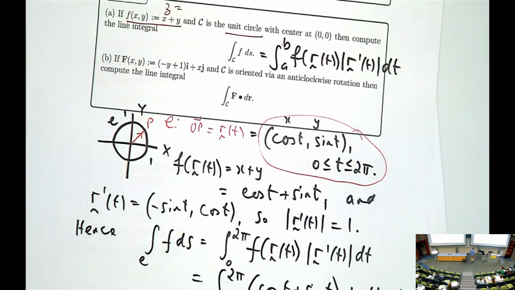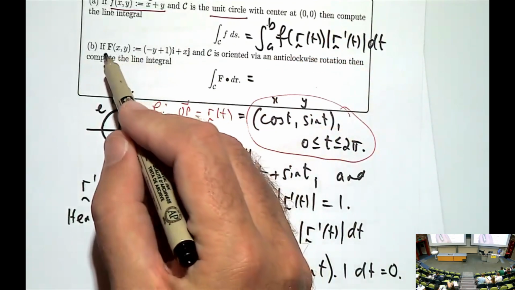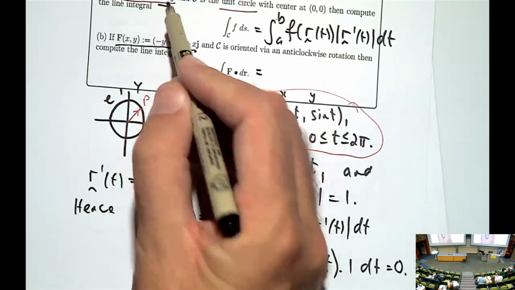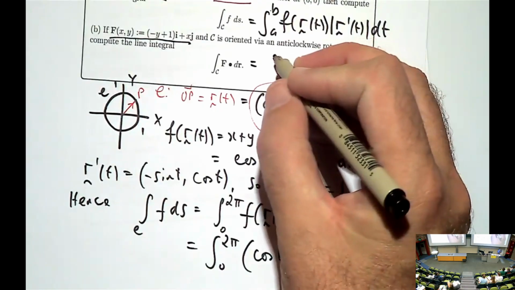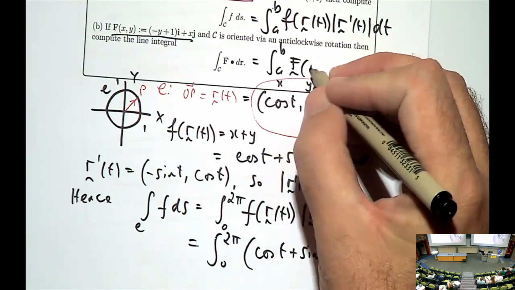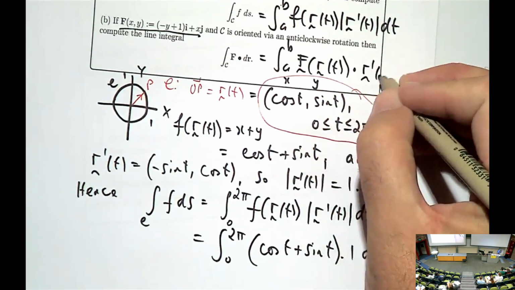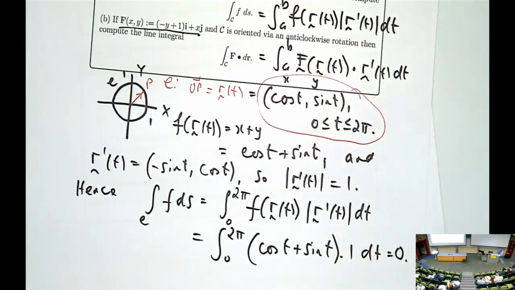Now, what's happening in the second one? Again, I'm glad you asked. This is where you've got a vector field, not a scalar field. Note that there is a dot product there. So we're not interested in lengths like the first one.